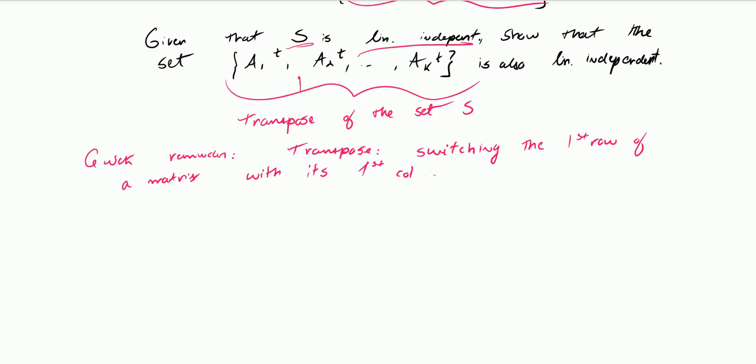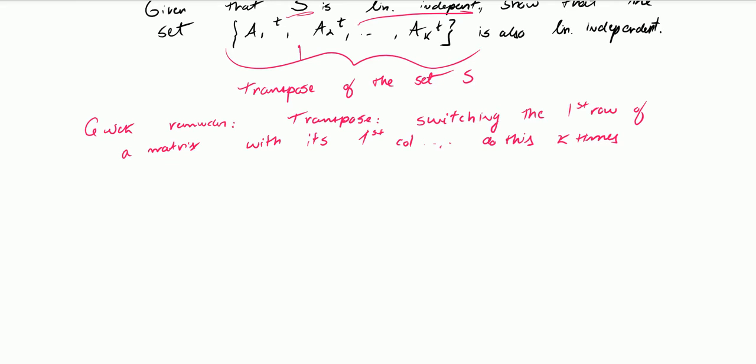So you switch the second row with the second column, the third row with the third column, and you do this k times, depending on the dimension of your matrix. So that's just a quick reminder of the transpose.